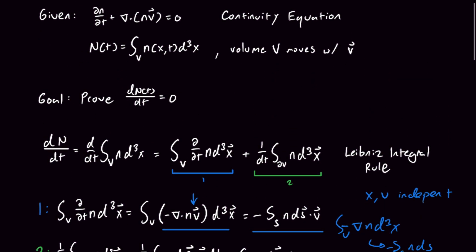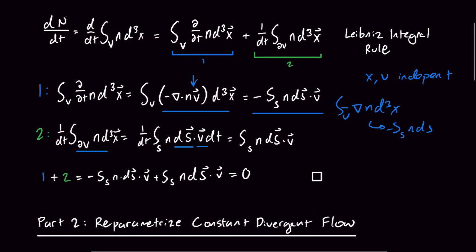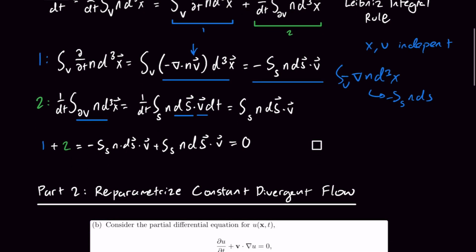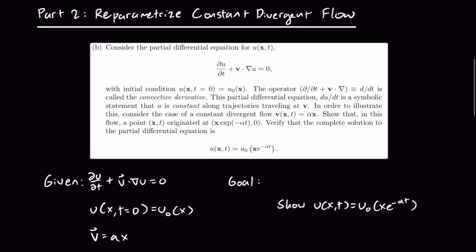Okay. So this is the first part, showing how N is conserved over time. The second part is to show how we could write this equation in terms of a singular value, or in a sense reparametrize it in a constant divergent flow.